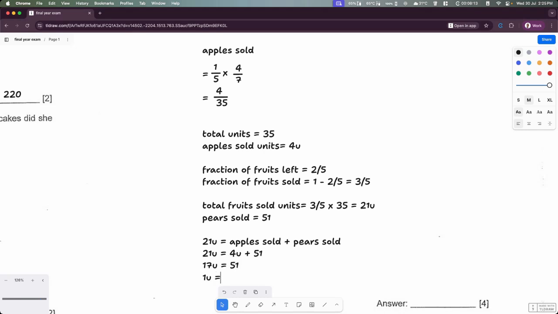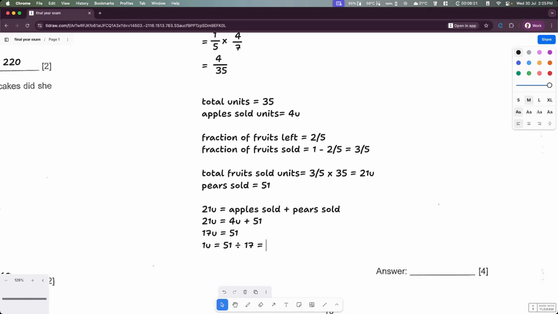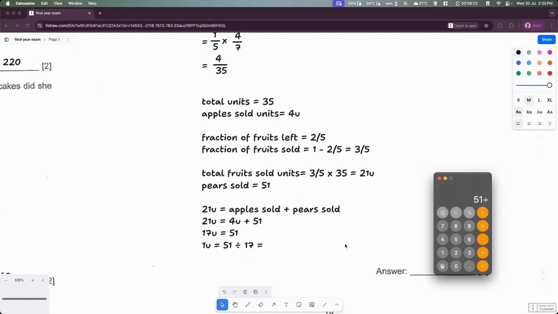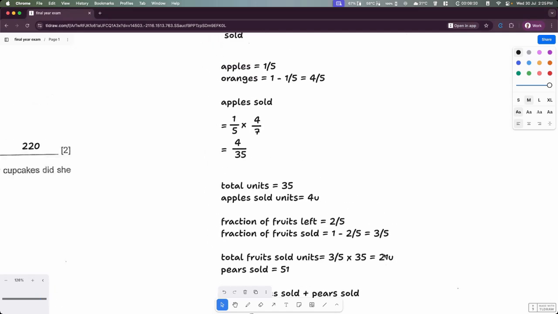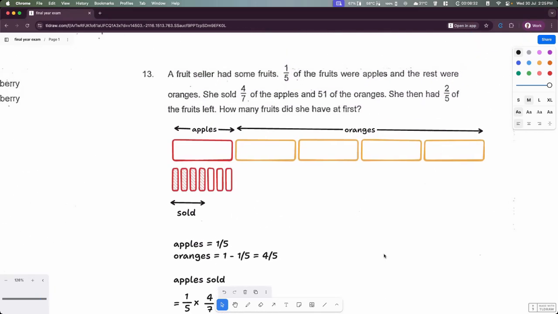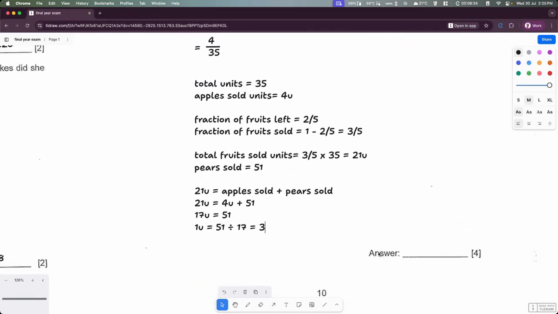So 1 unit is equal to how many? We can put 51 and then we divide by 17. So we can use our calculator. So 51 divided by 17, this gives us 3. Okay, if it's a whole number, that means you are on the correct way, right? So how many fruits does she have at first?